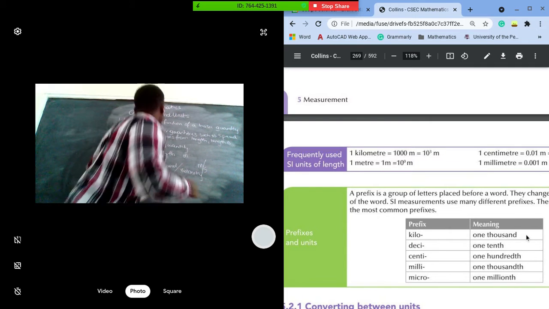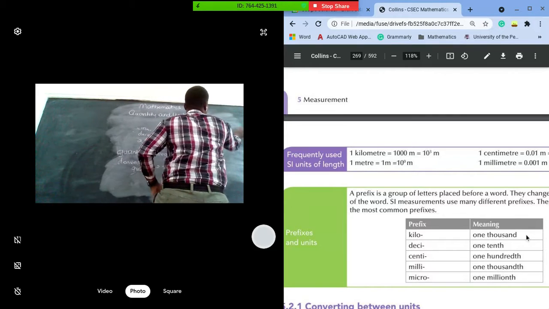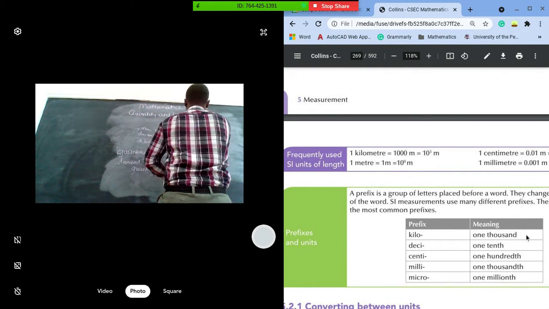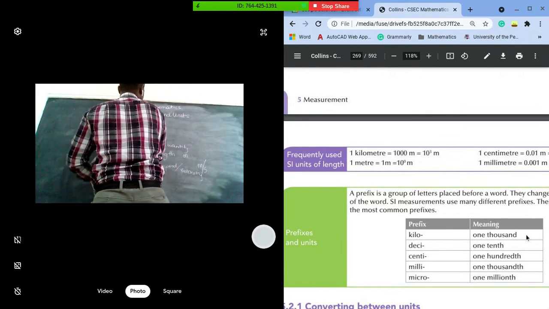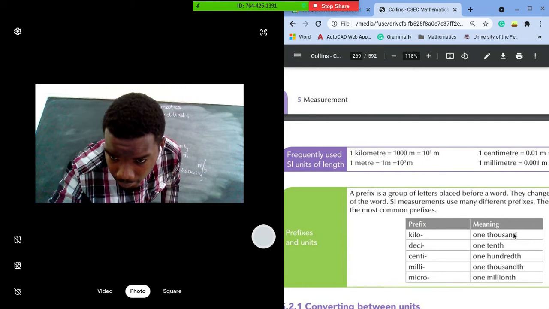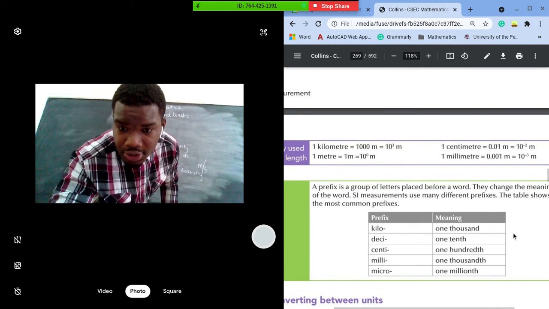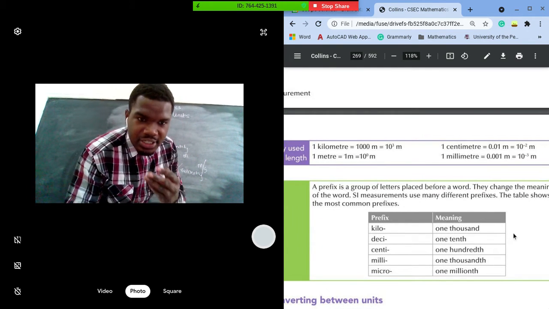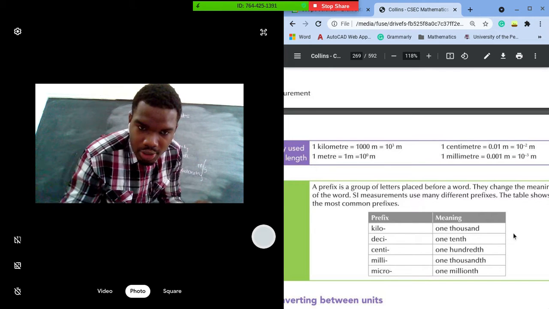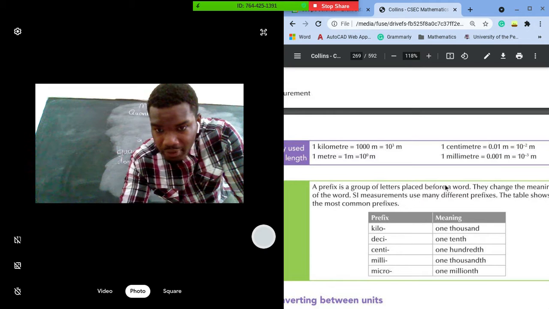All right. Write it out for me. Prefix. So we should write down the prefix of length. Right, we're going to write down the prefix. But no, the prefix is not just attached to length. It's attached to all different quantities. Alright? So let's understand what prefix means.